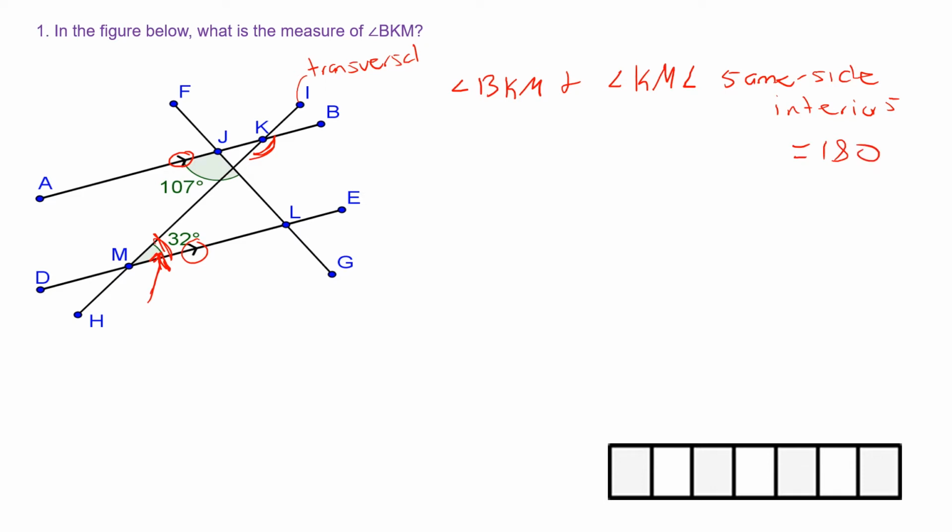So that will make these two angles equal to 180 degrees. Since I know that angle KML is 32, I could simply subtract 180 minus 32 to get 148 degrees. So that will make angle BKM 148 degrees. And there's my answer.